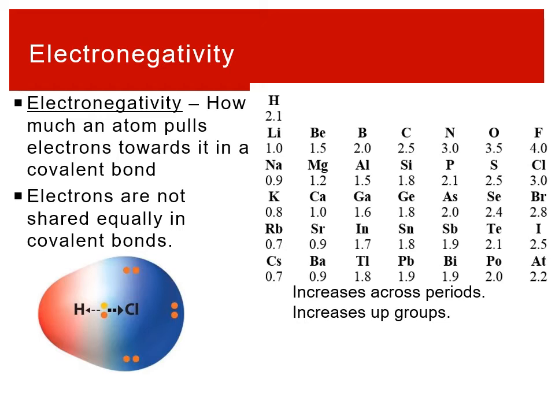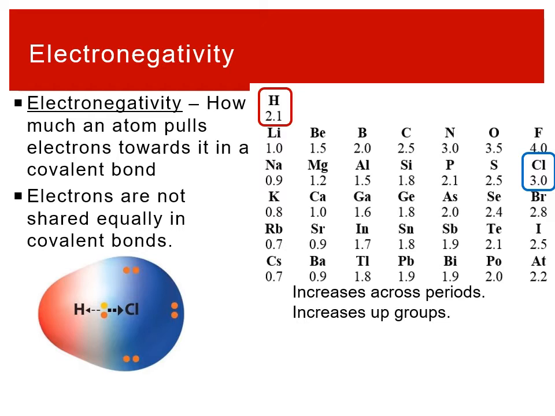And what's going on can be explained by a property called electronegativity. Electronegativity is a description of how much an atom pulls electrons towards it in a covalent bond. So for example, I have hydrogen and chlorine. They can form a covalent bond where they're sharing a pair of electrons, but they don't share those electrons equally. Chlorine has a higher electronegativity. We can see its value is 3, hydrogen's is 2.1.